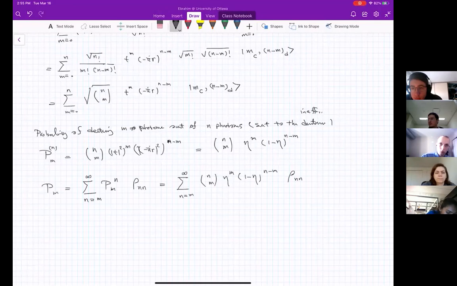All right. Which distribution do you send? It's up to you. Are you looking for the action of this on thermal light, or the action of an inefficient detector on the coherent state, or photon number? It is totally up to you.